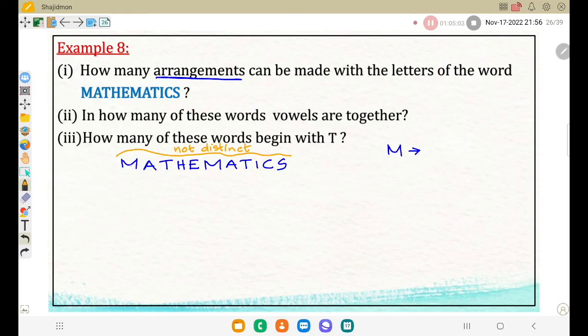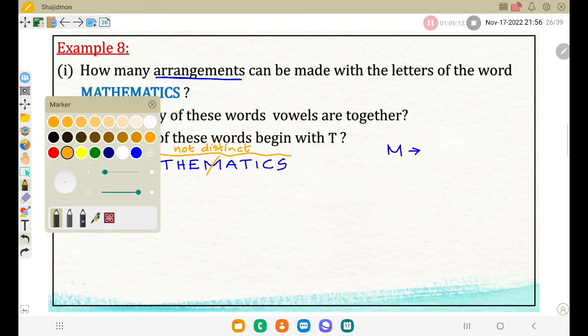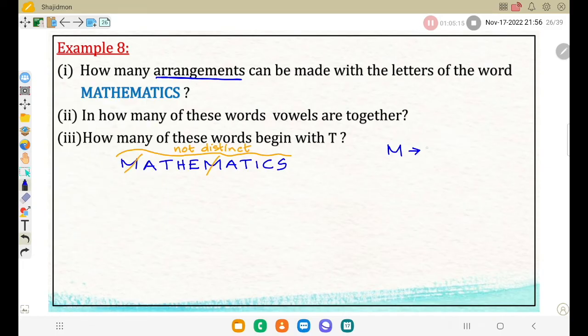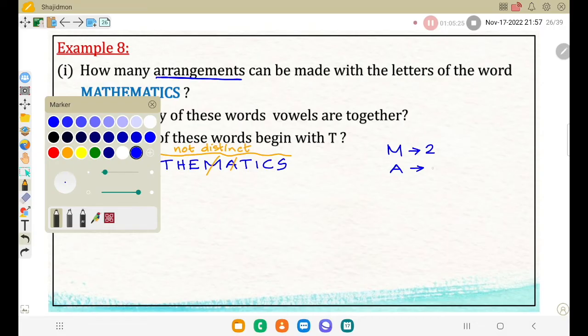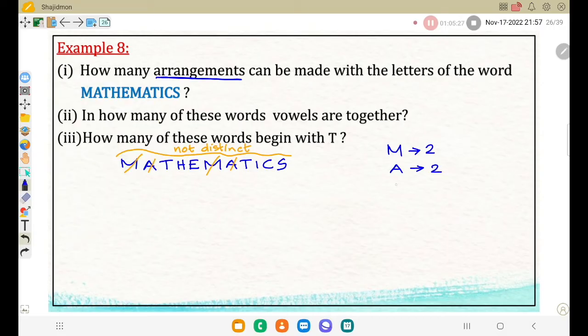For example, M. Here M is there, and here M is there. 2 times. So M comes 2 times. Next, the letter A. How many times does it come? You can check. A here, and A here. So the letter A comes 2 times. Next, the letter T. How many times does it come? You can see.